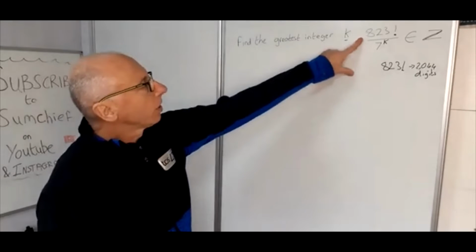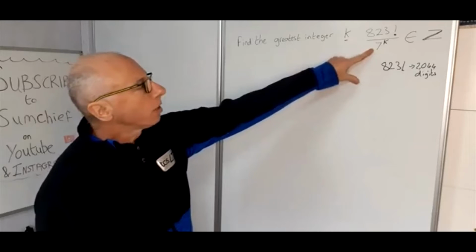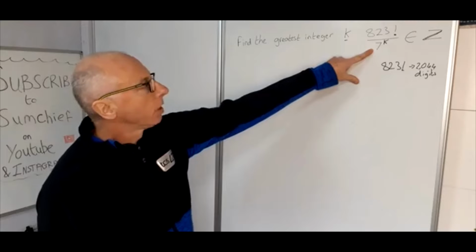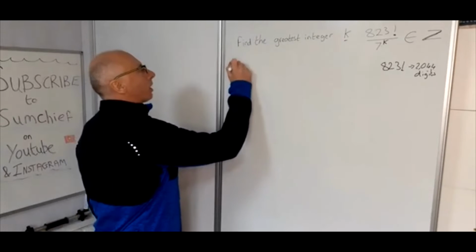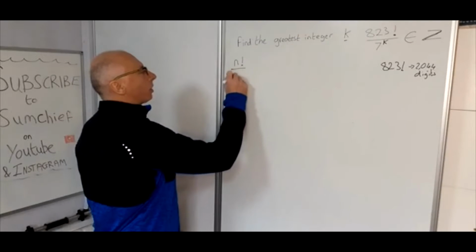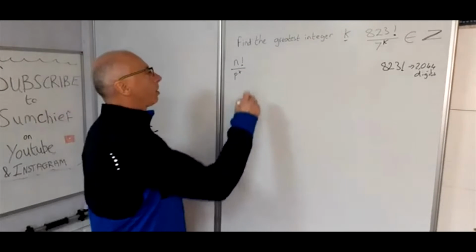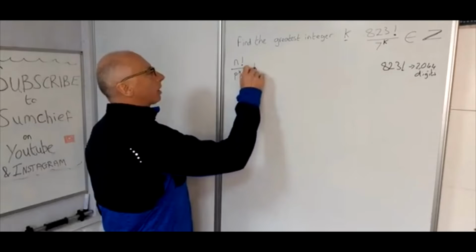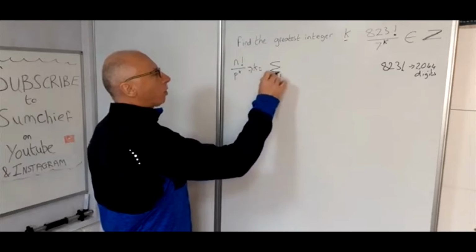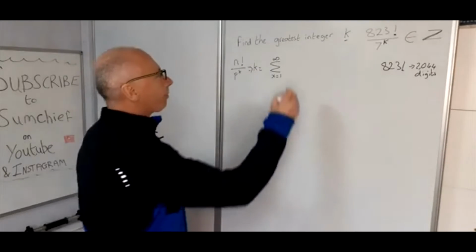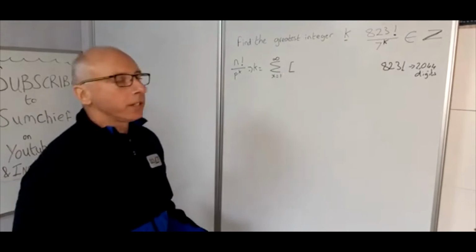So back onto this question, 823 factorial divided by 7 to the power of k. We also see that 7 is a prime number. That's also really helpful, so we can use a particular formula. We've got n factorial divided by a prime number to the power of k. To find k, we have k equals the sum from x equals 1 to infinity, and we can use the floor function or the greatest integer function.